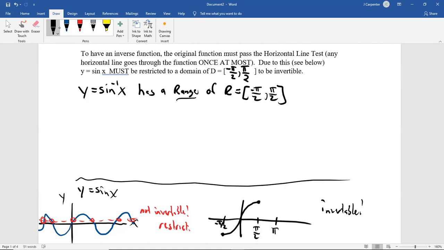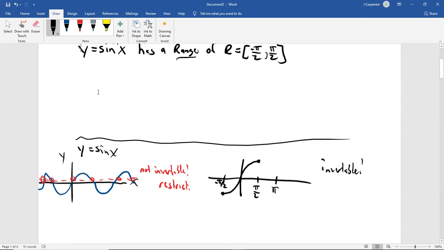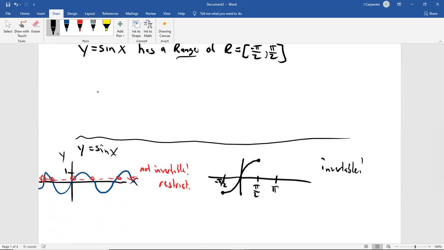Now, before, I didn't write this, but the range for sine of X was from negative 1 to 1. Why? Because these heights are 1, these heights are negative 1. Even with the restrictions, that highest high is 1 and the lowest low is negative 1.